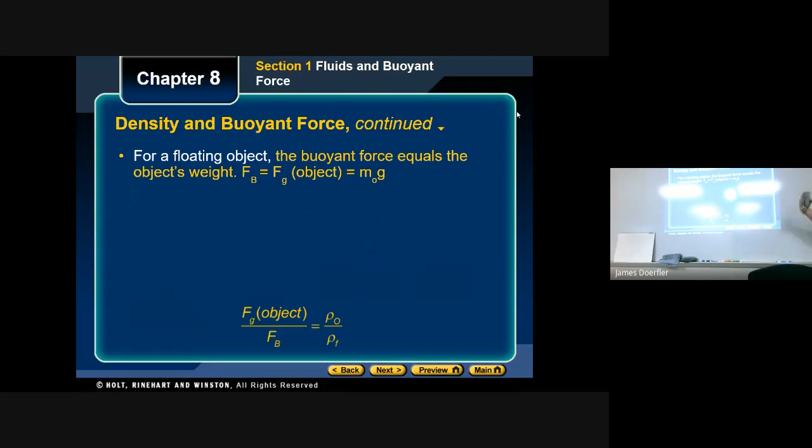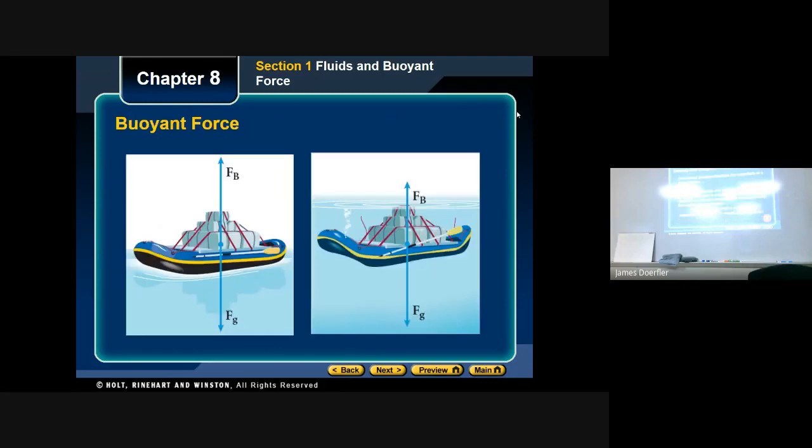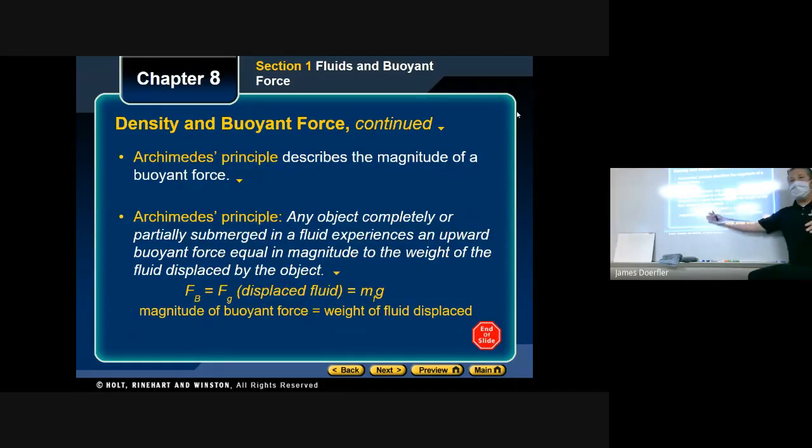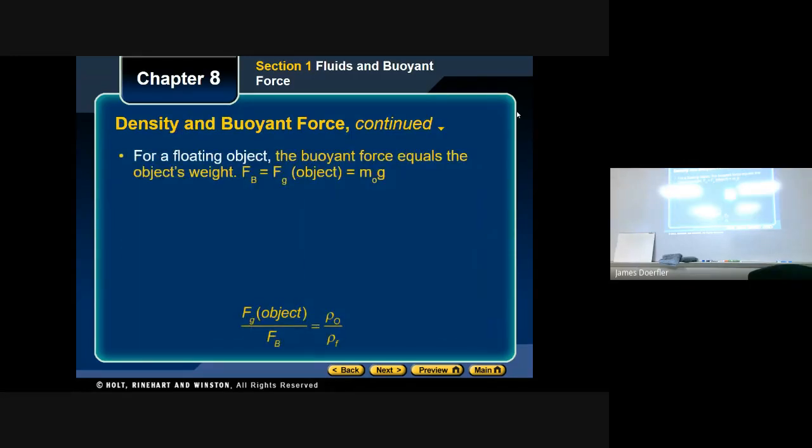Again, you should be seeing now that if you go back, we talk about FG of displaced fluids when we talk about Archimedes' principle, and then when we get to a floating object, we talk about the density or the mass of the object. So we have to start denoting what thing we are talking about with our subscripts. We are talking about the mass of the object times gravity.